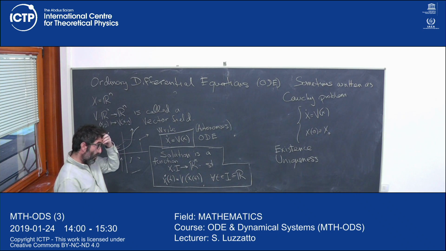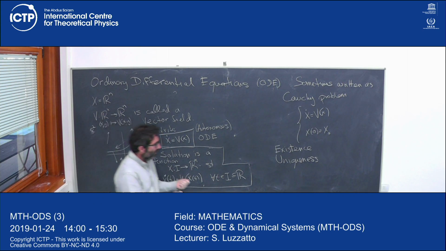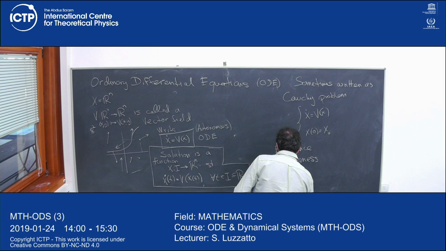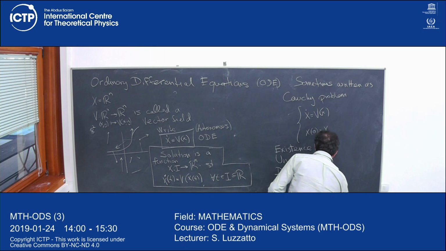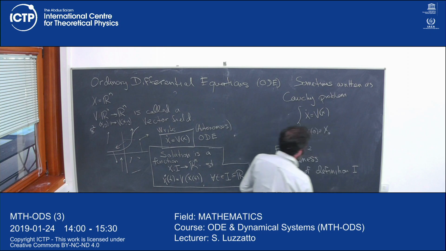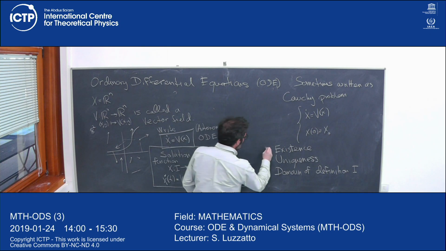We will see an example in which the solution is defined on an interval of time in some sense, but not for all time. So, how big is the domain of definition? These are the three fundamental questions.